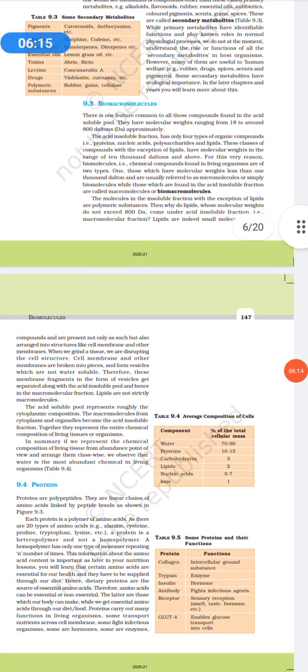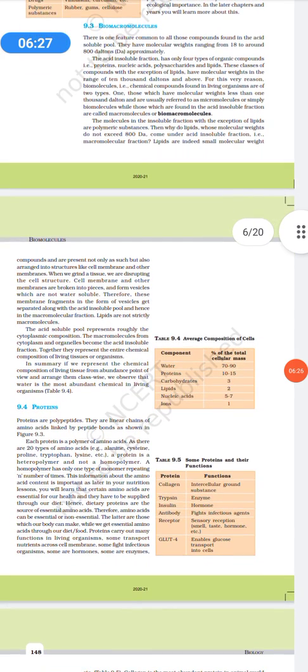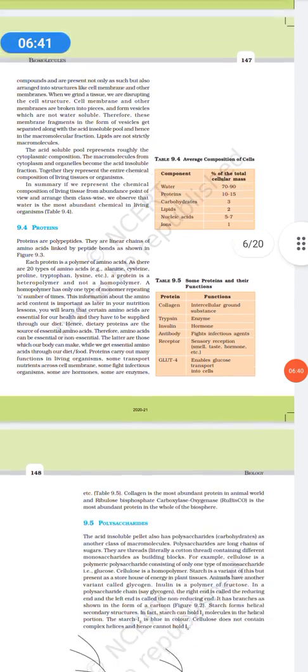All these macromolecules are insoluble, and with the exception of lipids they are polymeric substances. Lipids have a small molecular weight, and membranes like the cell membrane are broken into pieces. They form vesicles which are basically not water soluble.